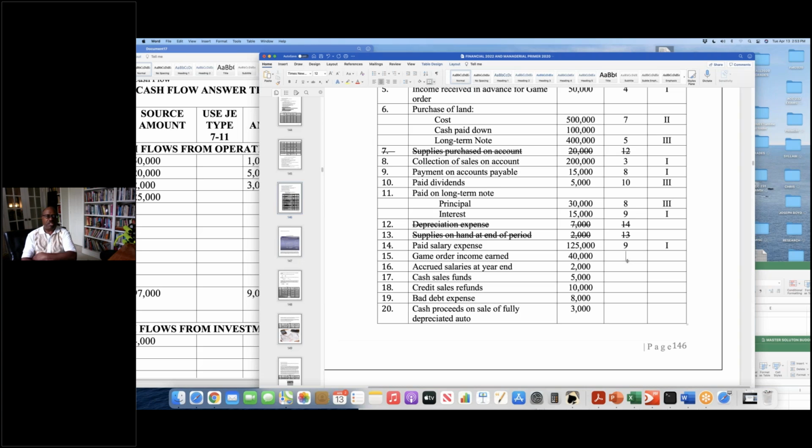Journal entry type near the bottom. What's on there? Hold on, give me a second. Let me turn all the way to the types.